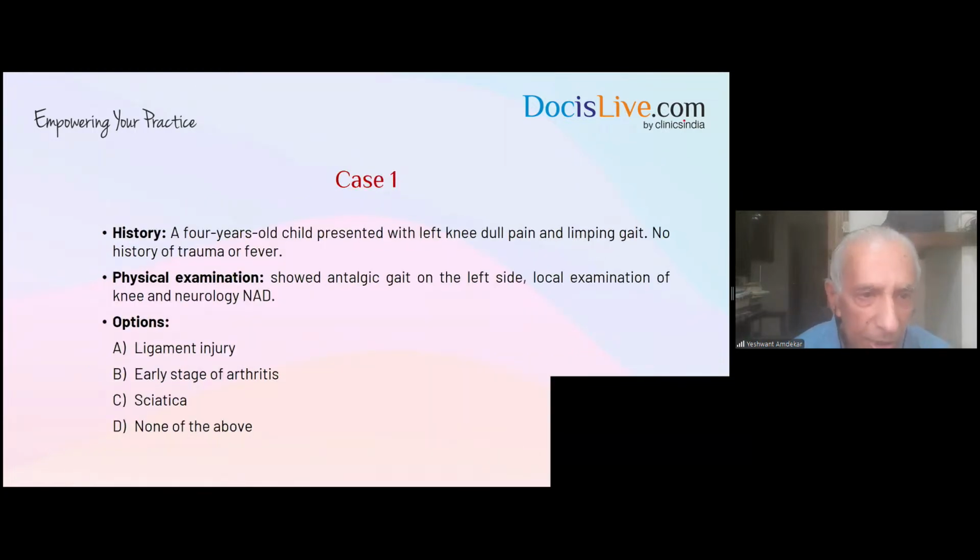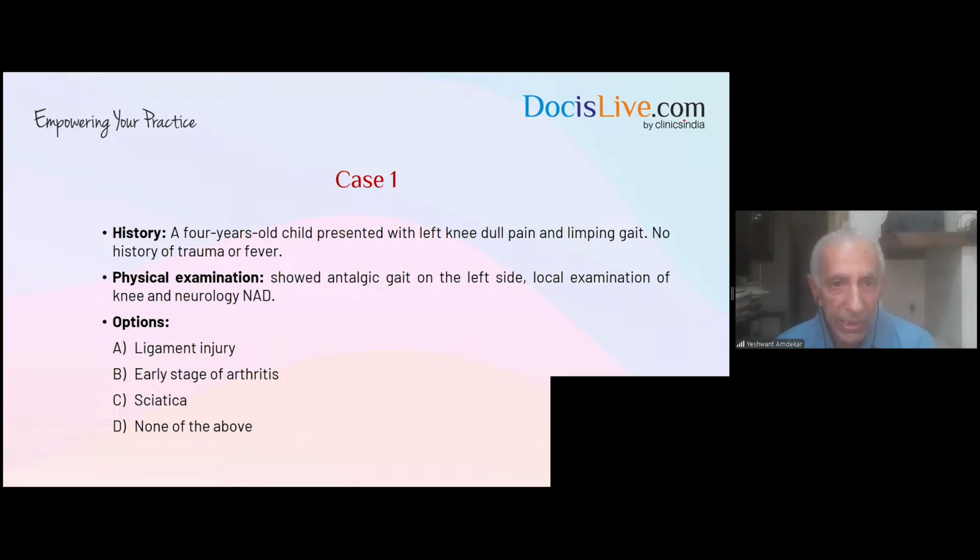Now, this is your first case. This is a 4-year-old child who presented with a left knee dull pain and he was limping. There was no history of trauma or fever. His gait is an antalgic gait, which means he is obviously having a pain on the left side, and the local examination of the knee as well as the detailed neurological examination was normal.